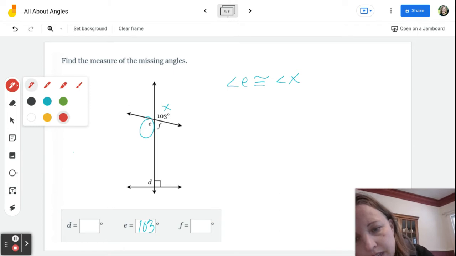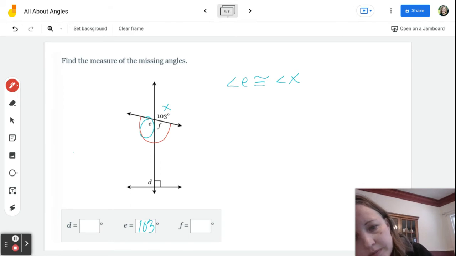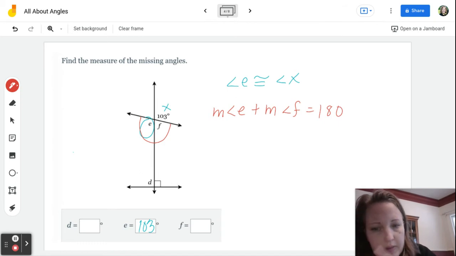So the next thing I'm going to do is look at angle F. And I see that this makes a straight line right here. See how that's half a circle? So the measure of angle E plus the measure of angle F is equal to 180 degrees. And the measure of angle E is 103, plus the measure of angle F is equal to 180 degrees.